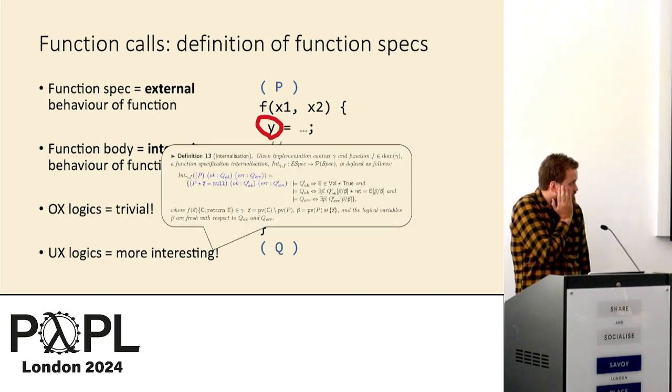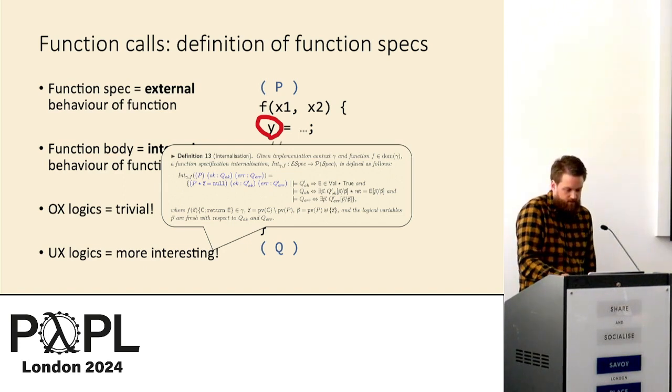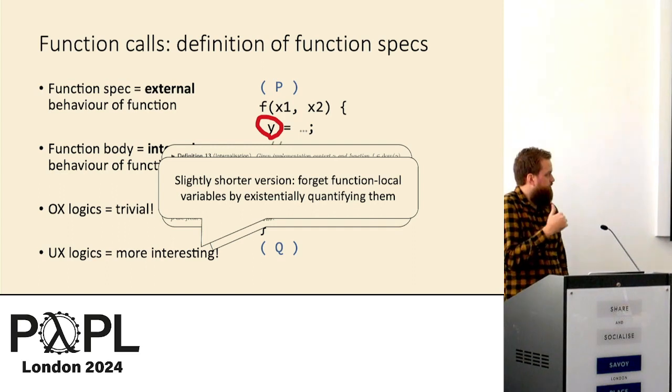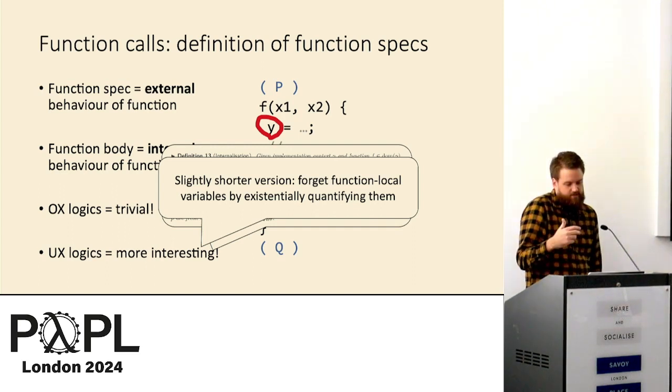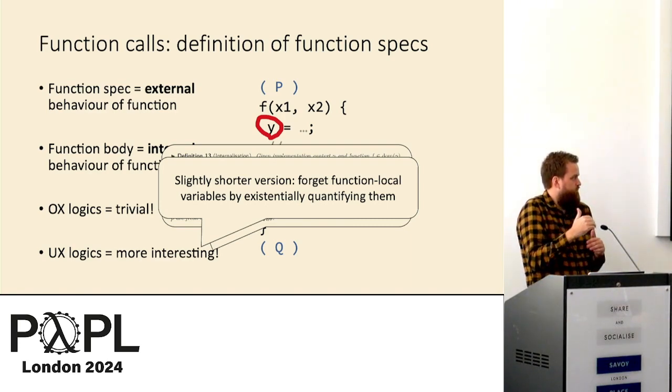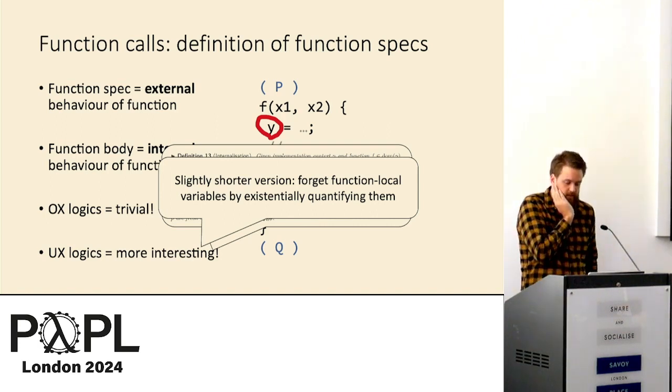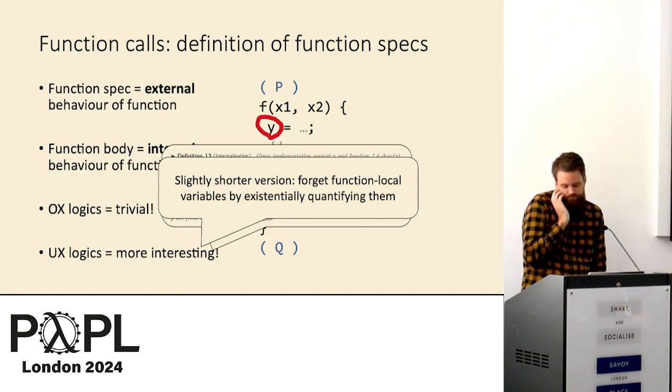And this is a little verbose for now, so we can summarize it as this. So we capture this forgetting by a mechanism that we call internalization, which basically allows you to throw away this information that is thrown away in the programming semantics.